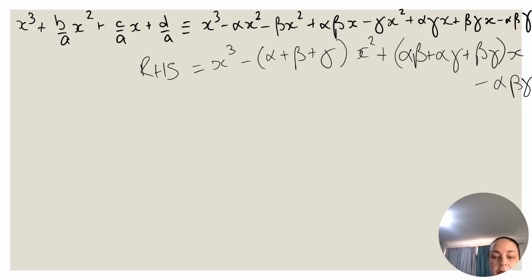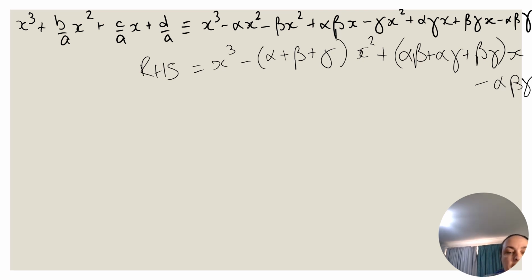Now I can start equating coefficients to work out what I can observe about the roots. As I said before, we've only got one x cubed term, and that tells us that 1 equals 1. The first one that I want to equate is the coefficients of x squared.